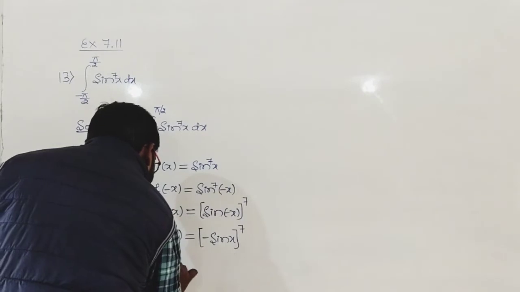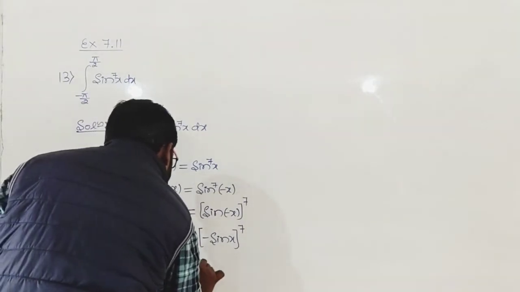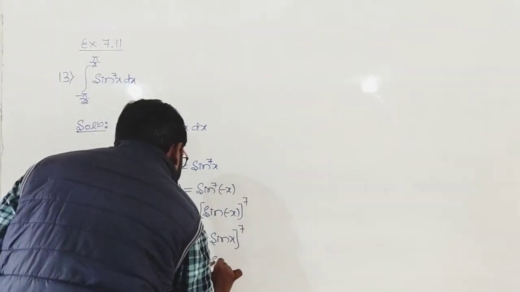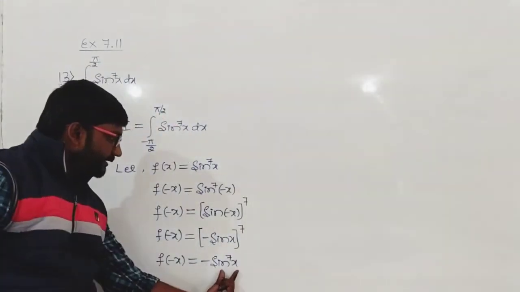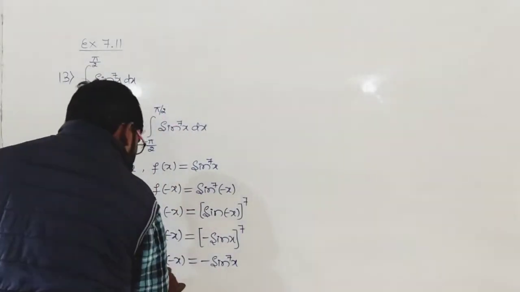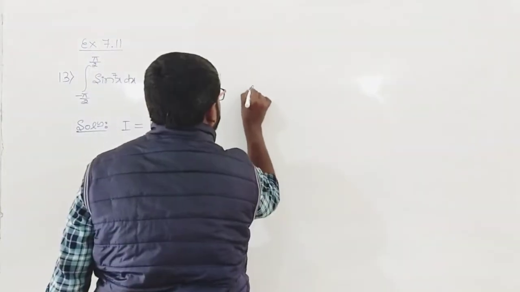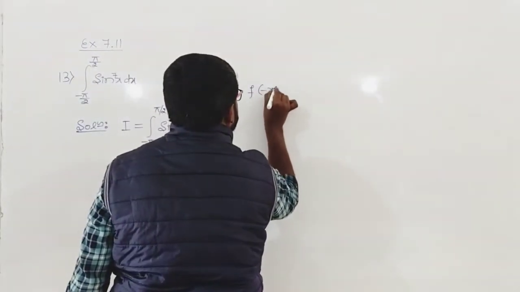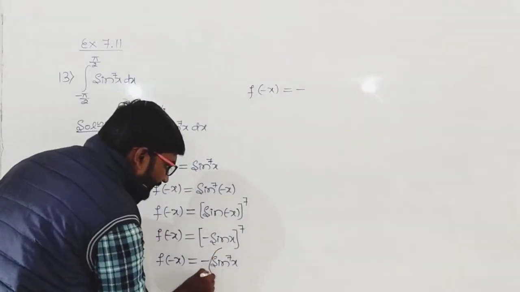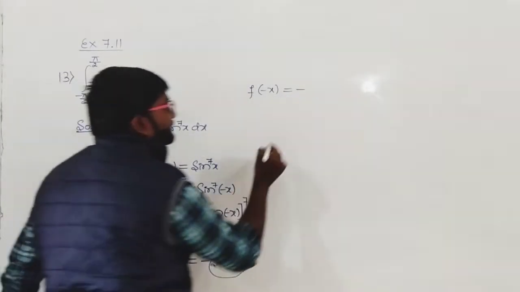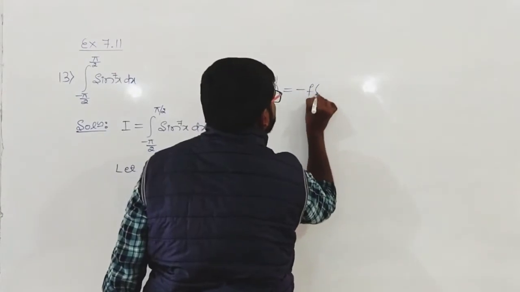So f of minus x is equal to minus sin to the power 7x. This is nothing but minus f of x.